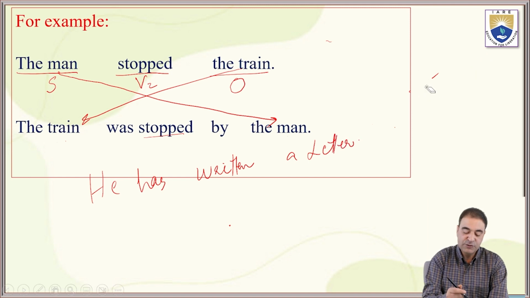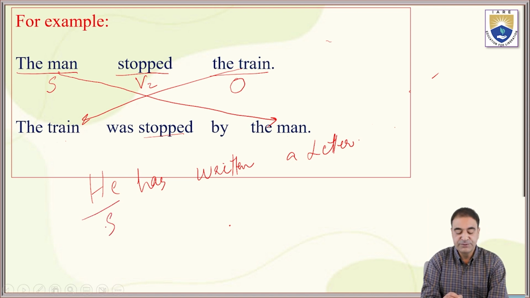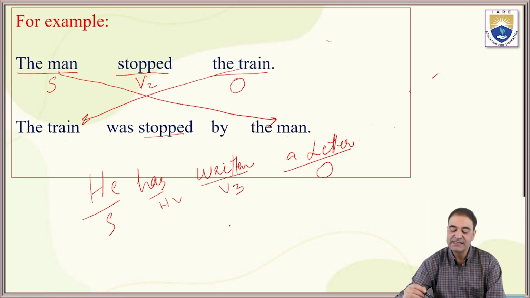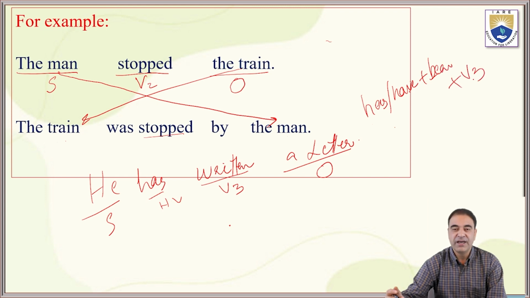Now, in this sentence, we have he, a subject, then we have has, helping verb, then we have written, verb in third form, and a letter, an object. This is present perfect tense, and present perfect tense, as I told you, will change into has, or have, plus been, plus verb in third form. In every perfect tense, we use been.